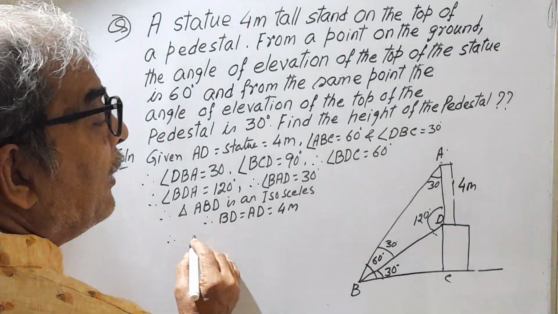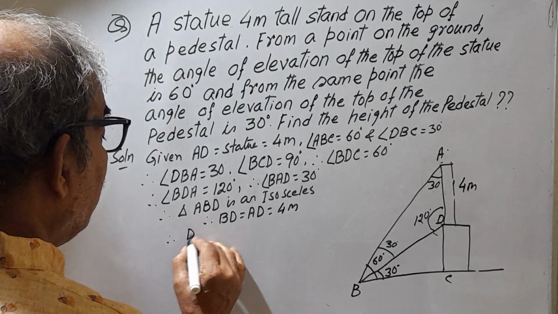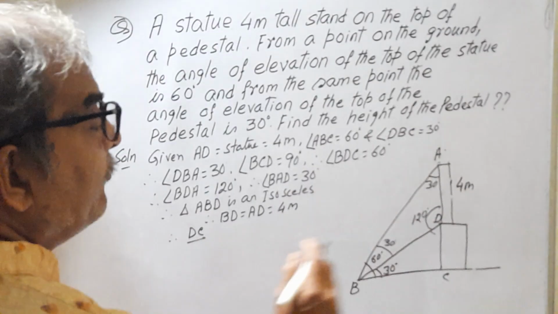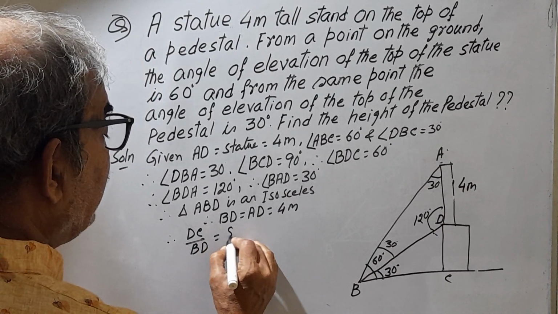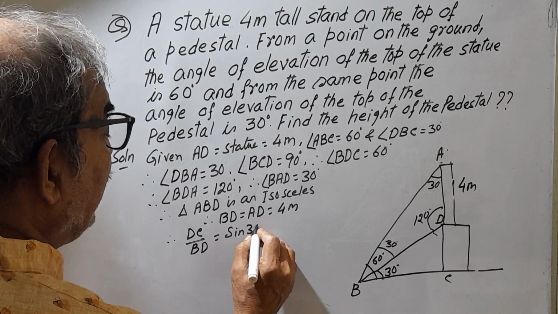Therefore DC by BD equal to sine 30 degrees.